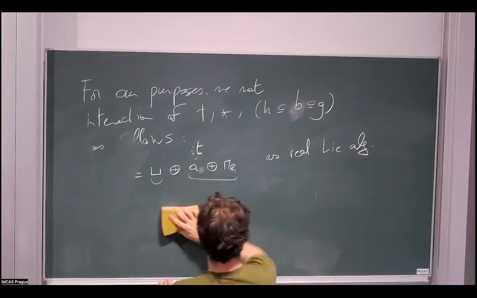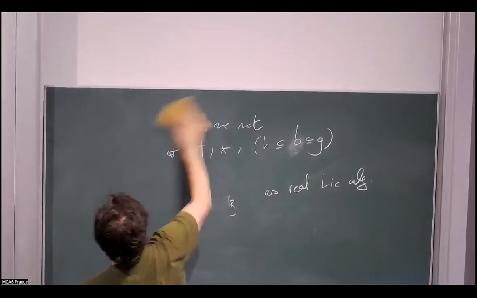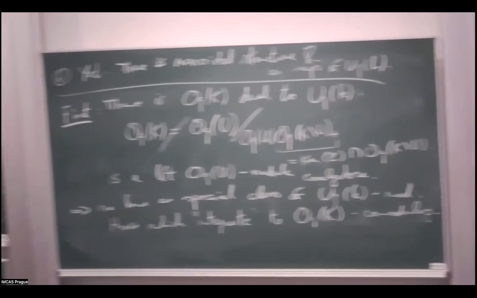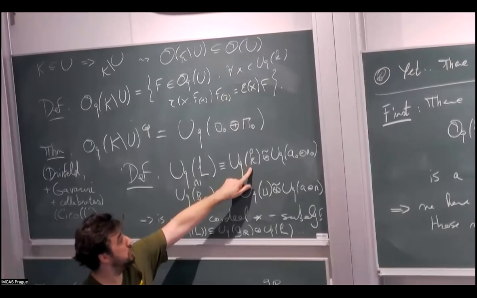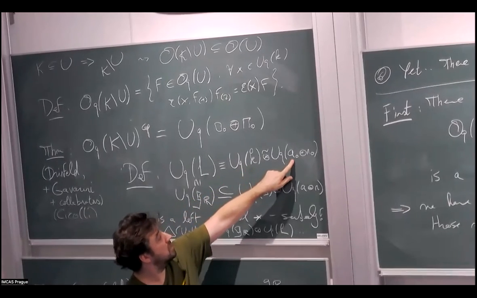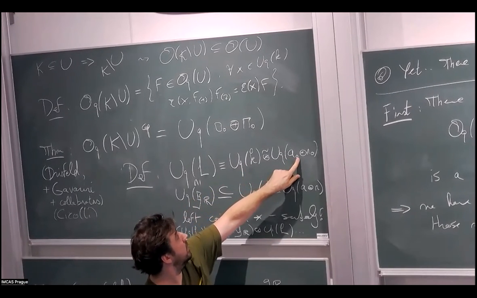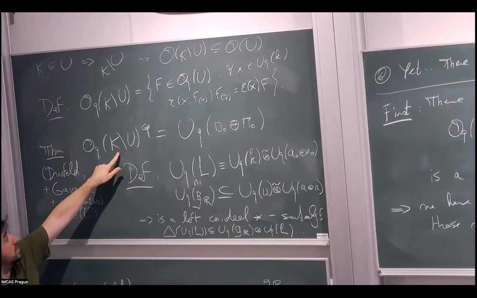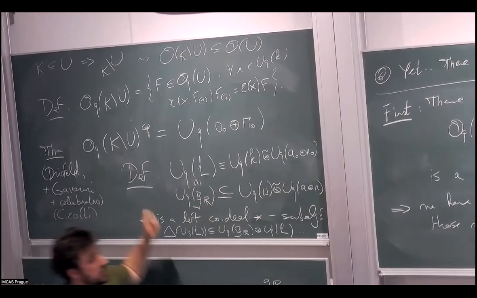And if I also want to have a representation of my UQL, then I have a representation of UQK, and I also have a representation of this guy here, which was just my quantized functional algebra of the homogeneous space.